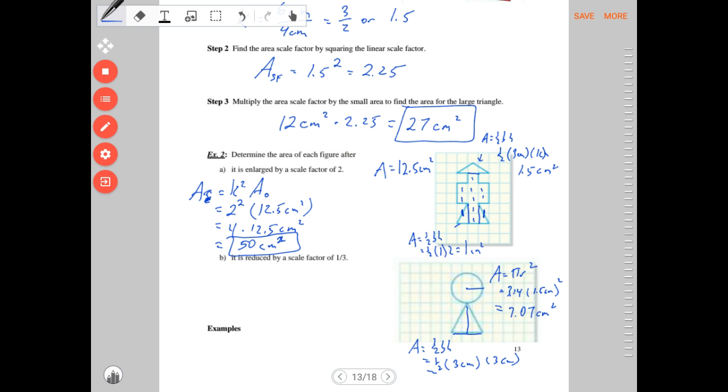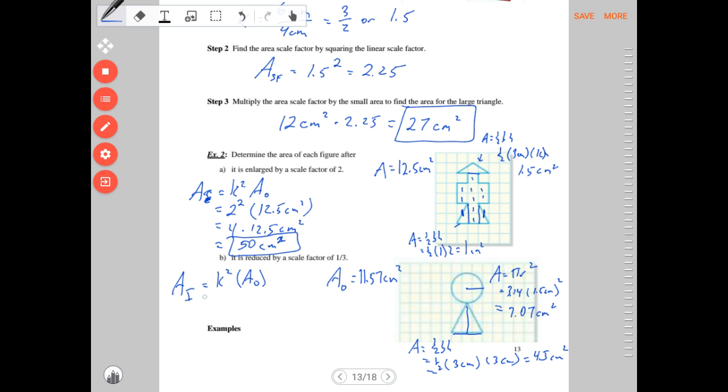So 1/2 times 3 times 3 is 4.5 centimeters squared. The total area of the object is 7.07 plus 4.5, so that's 11.57 centimeters squared.